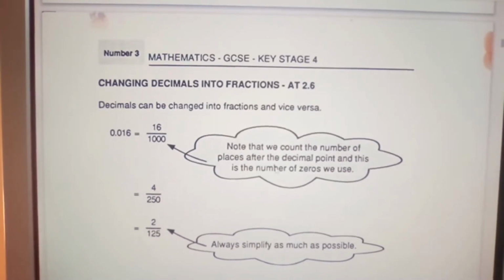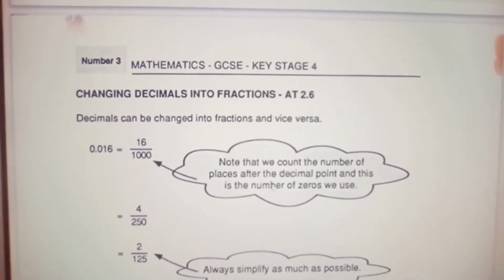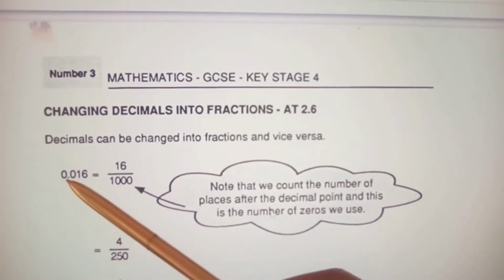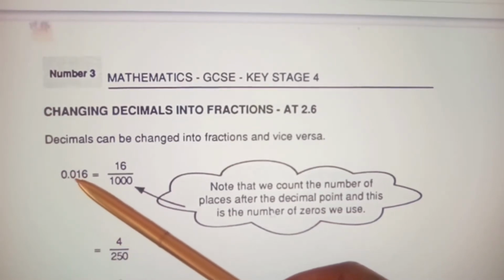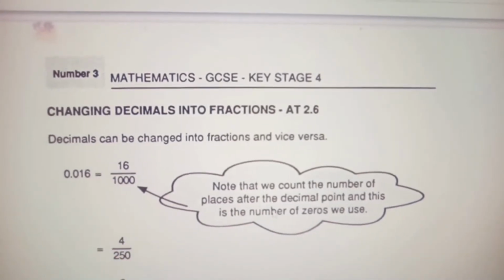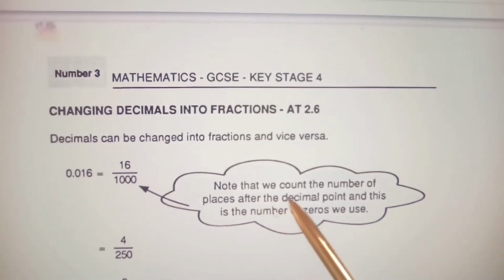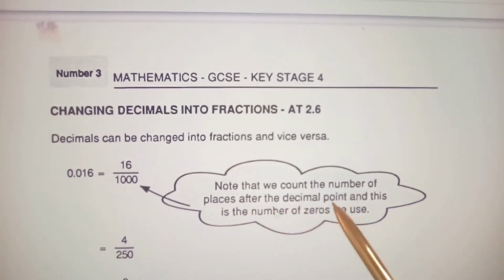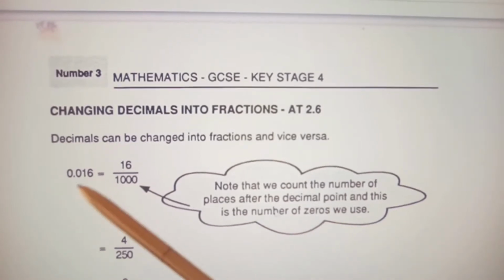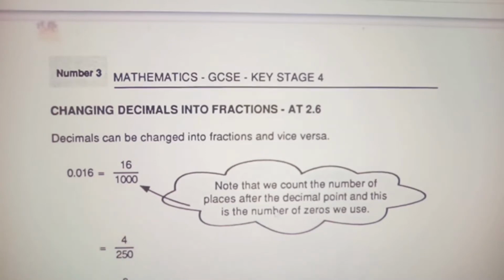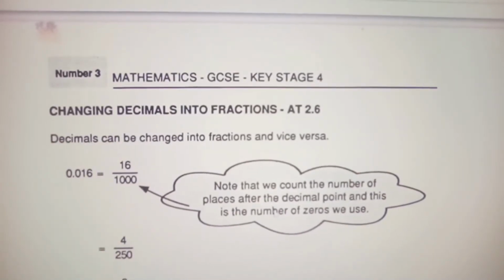If you look back at session 1, you would remember that this is tenths, that's hundreds, and that's 1000. Note that we can count the number of places after the decimal point, and this is the number of zeros we use. The number of places after the decimal point is 1, 2, 3.